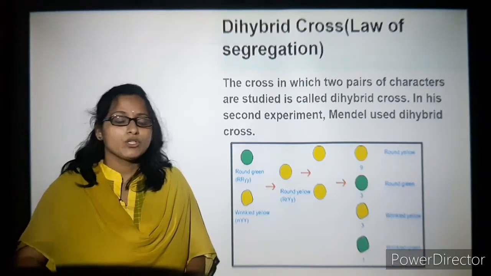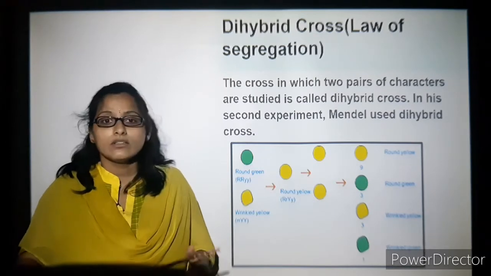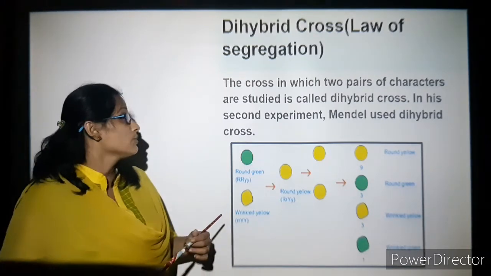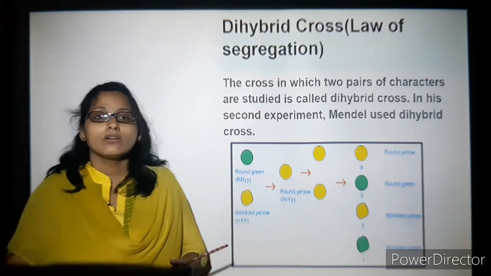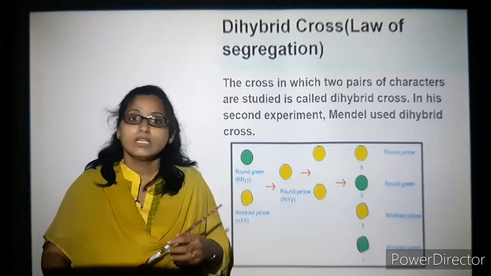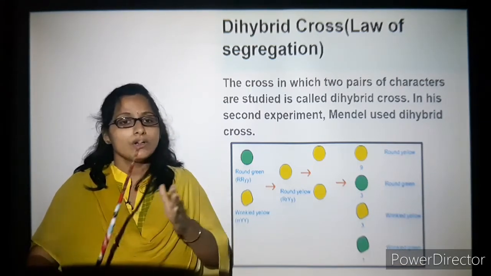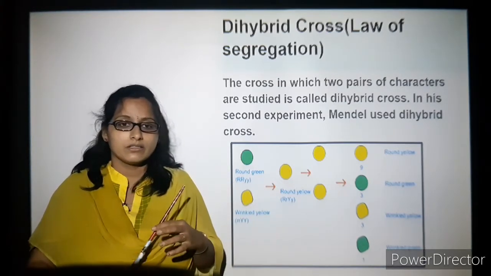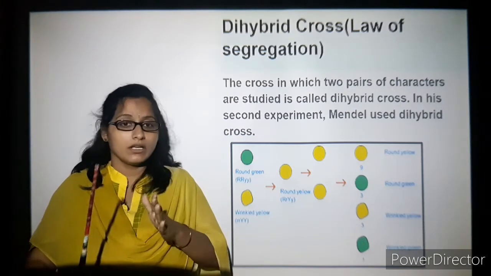So next, coming to the dihybrid cross, it is known as the law of segregation or separation. In the cross previously, only a single character was taken, that is tallness, according to height, tall or dwarf. Now in dihybrid we will take two different characteristics, either the shape or the color.